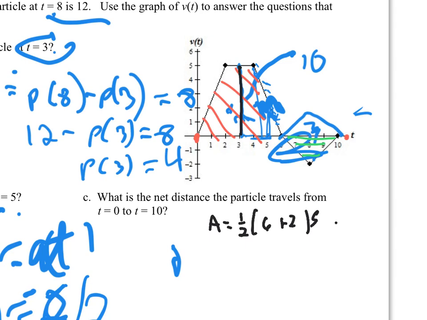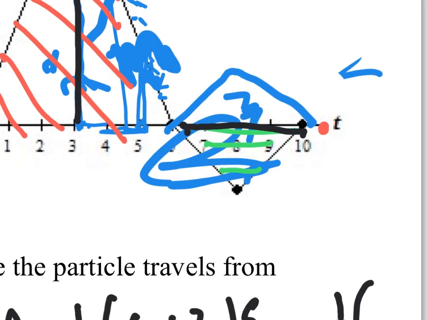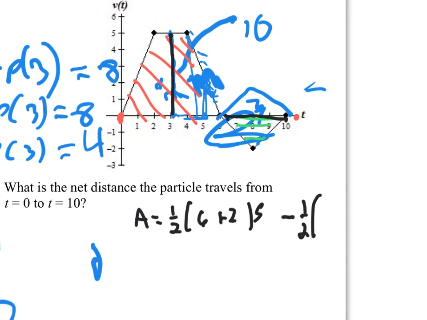And then I'm going to subtract the area of this triangle. The area of this triangle is 1/2 base. Looks like it goes from 6 to 10, so that's 4. The height of that triangle, this is where the negative comes in, it's actually a -2, I think. So I'll just leave it at 2 because I already put the negative on the outside.